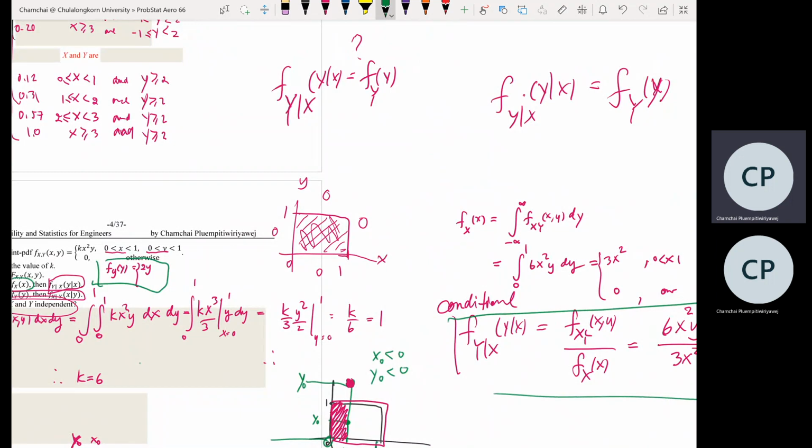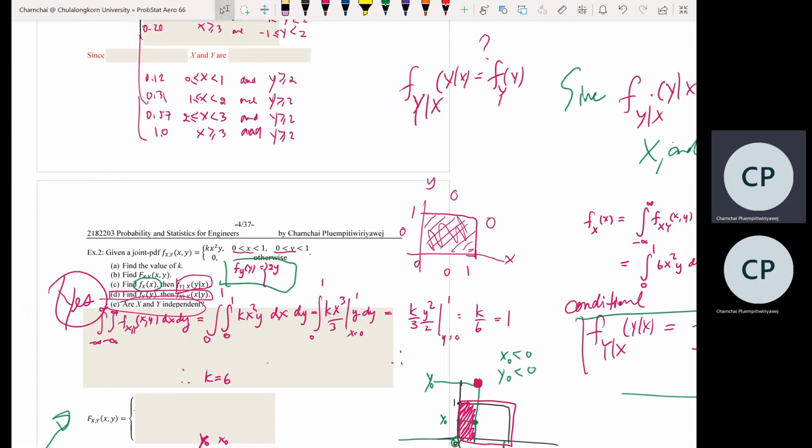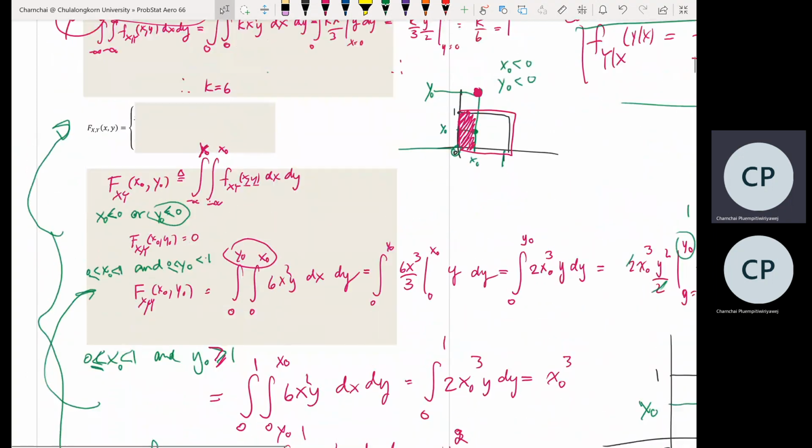So since f of y given x equals f of y, x and y are independent. For these problems, they are independent because the conditional probability is equal to the marginal.